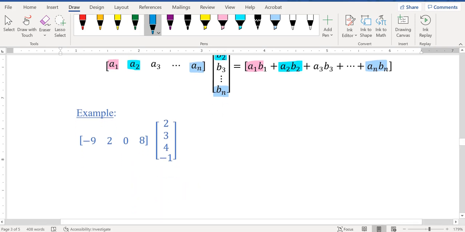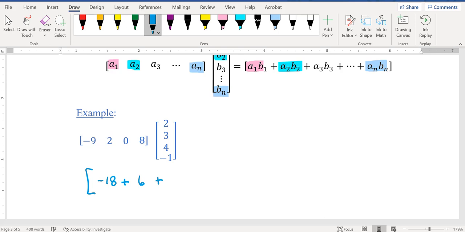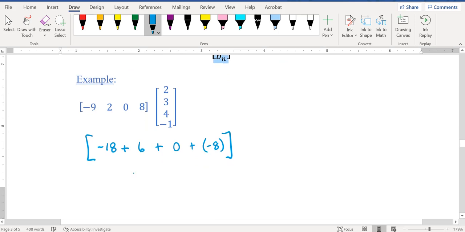This will be the matrix -9 times 2 plus -2 times 3 plus 0 times 4 plus 8 times -1. So that is the matrix.